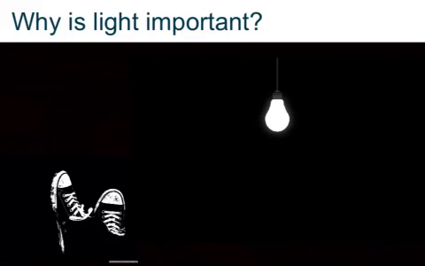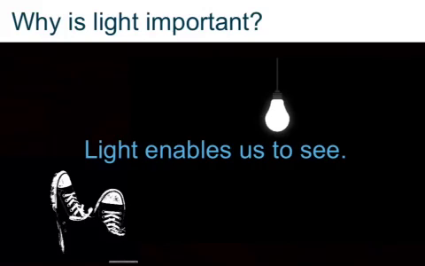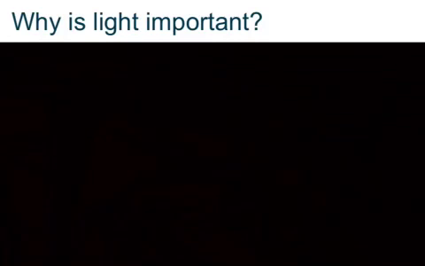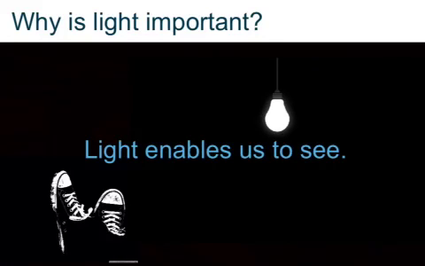Yes, we can only see the shoes when the light is turned on. So why is light important to us? Because light enables us to see. Without light, we will not be able to see anything, and that's why only when the light bulb or the lamp is switched on, then we can see the pair of shoes.